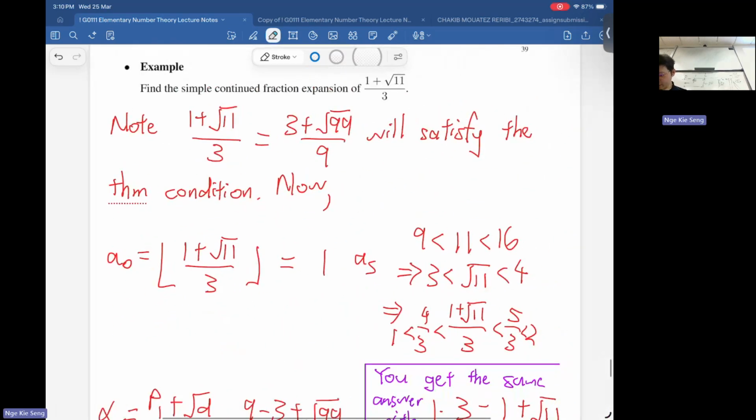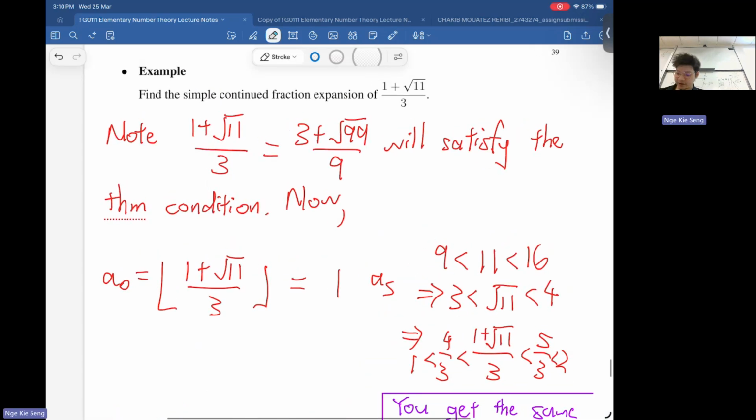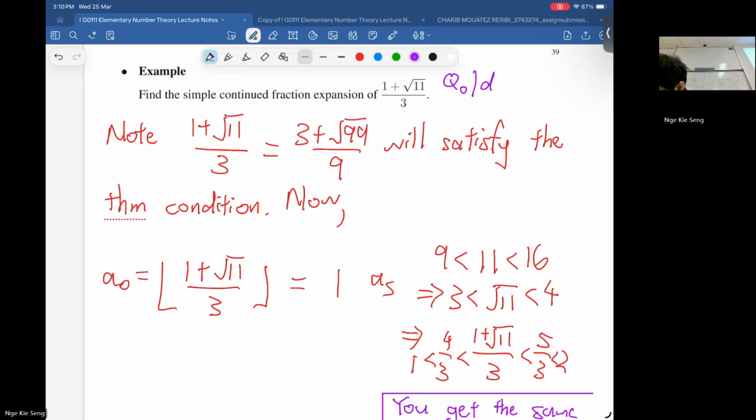Okay, so yesterday someone mentioned that this is not satisfying the theorem condition because you don't have Q0 dividing P squared minus P naught. Good?